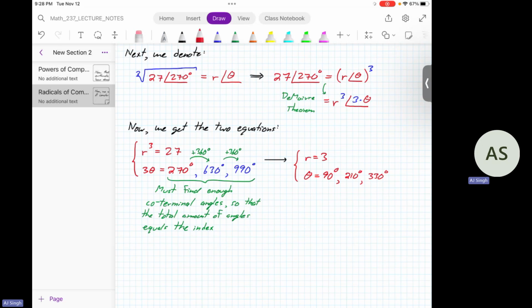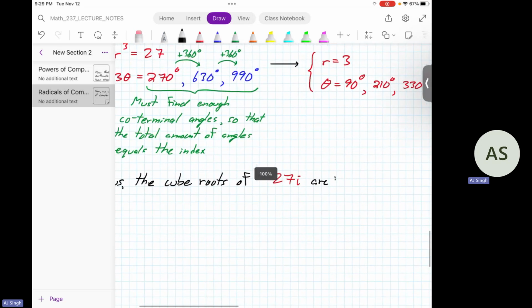Finally, we write down the answers. And the answers are all going to have this yellow structure. R angle theta, here's my r, and here are 3 thetas. So we're going to have 3 answers. So I will just say thus, the cube roots of negative 27i are, not so simply, because this is going to take a while.